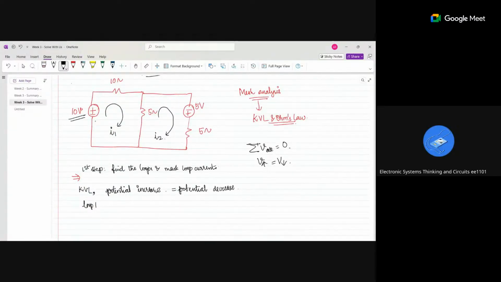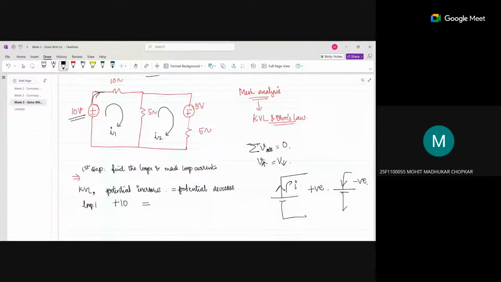If there is a voltage source and the current is going out, I will take that as positive. If the current is entering, I will take it as negative. Here it is coming out of the plus side, so I will take it as plus 10 volt, equal to the potential drops across the resistances: voltage across the 10 ohm plus voltage across the 5 ohm.